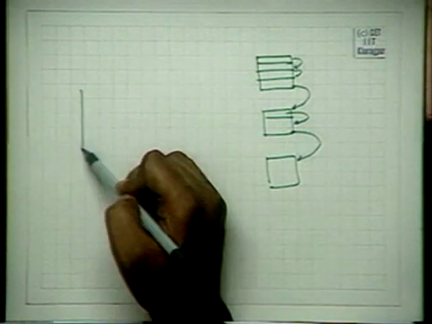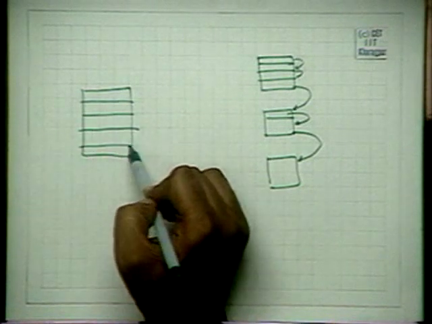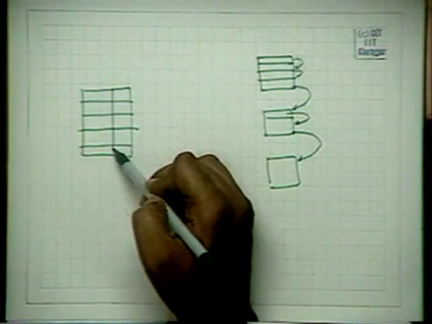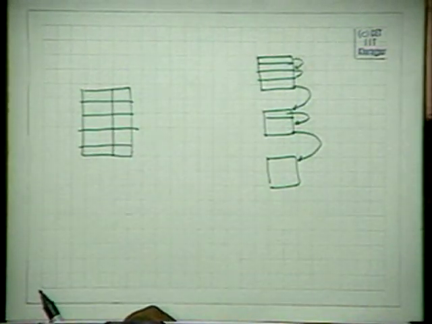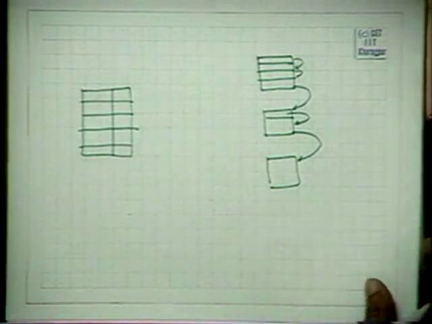Now I want an indexing on a secondary key. How will I index it on a secondary key? Suppose, let us take an example. I want to index it on the title of the book.